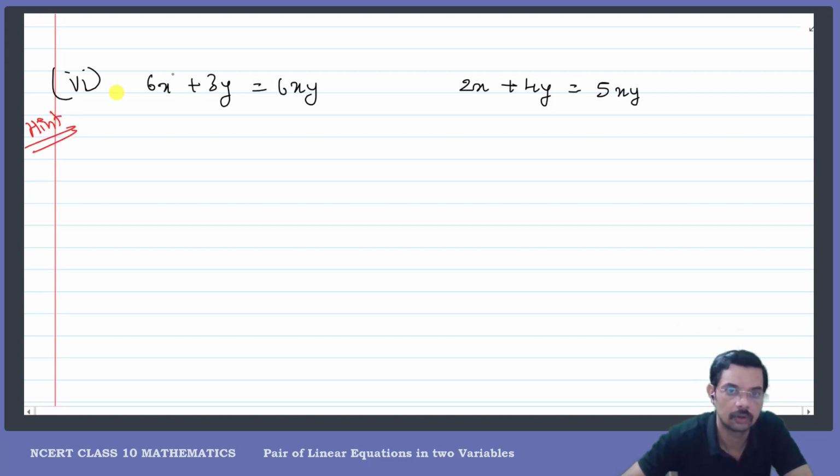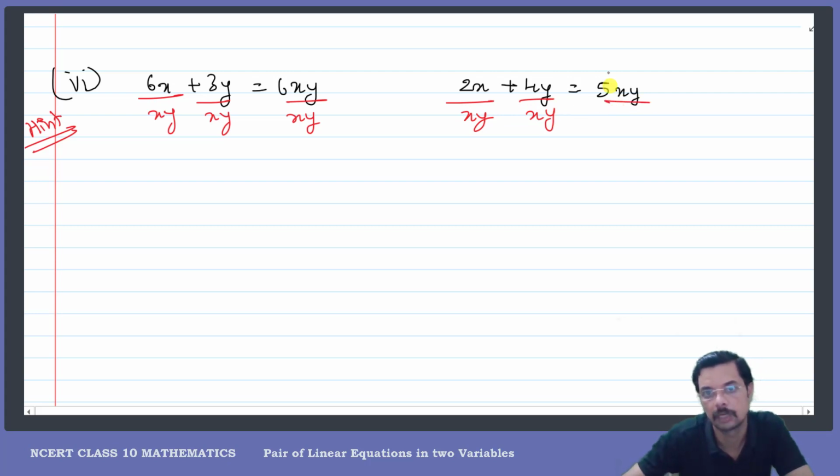You can solve it on your own. Divide throughout by xy, or multiply by 1 by xy. What happens? This side x will go, this side y will go, and this side xy will go. From here x will go, here y will go, and here xy will go.